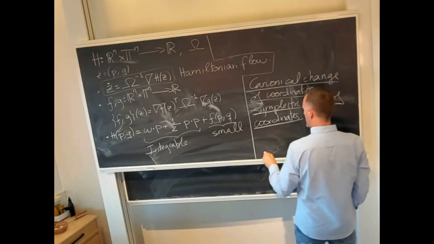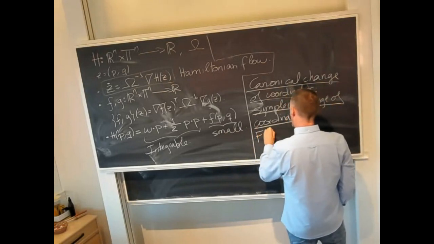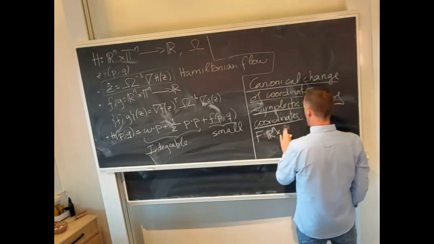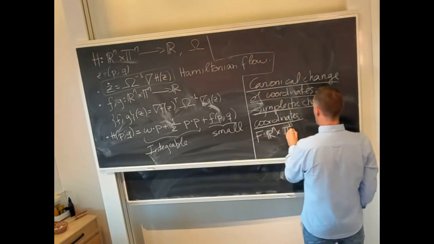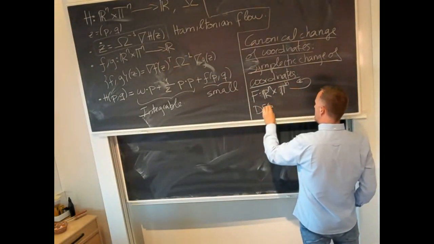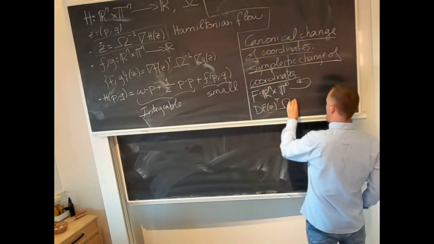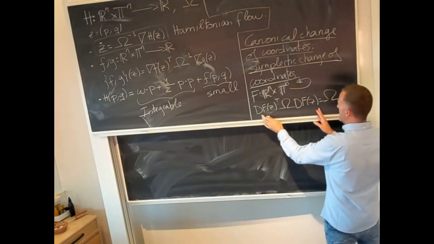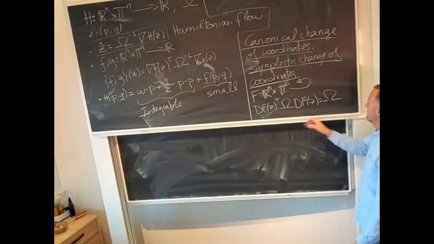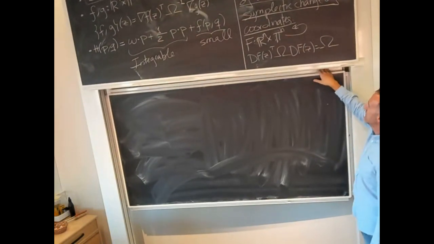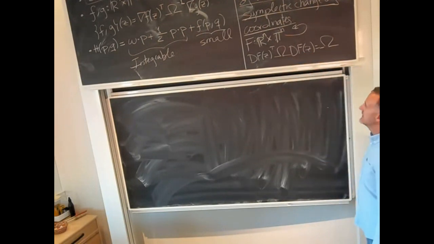A symplectic change of coordinates is a map from the phase space to itself that satisfies that Df(z) transpose omega Df(z) is again omega. So the symplectic form is preserved under the action of the map.